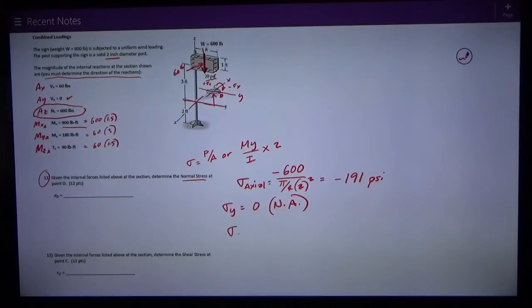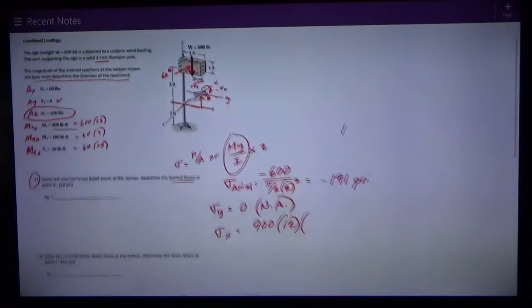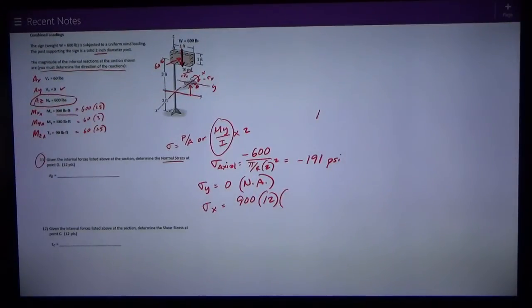So sigma x is just equal to the moment, 900 pound-feet. I need to get it into pound-inches, so I multiply by 12. You know this formula is My over I. The y distance is the distance from the neutral axis, so it's a 2-inch diameter circle, that's just 1 inch.